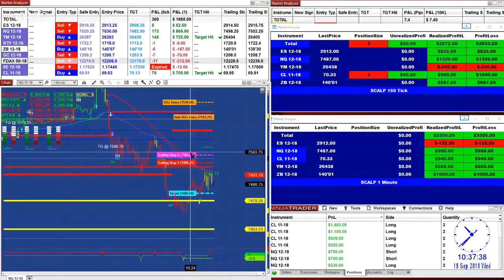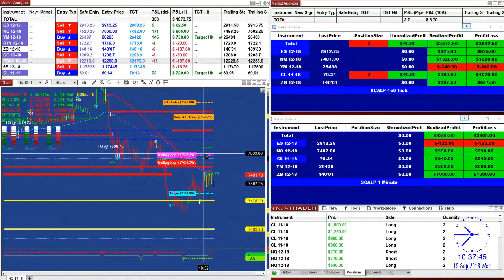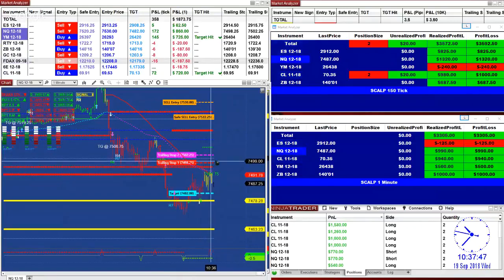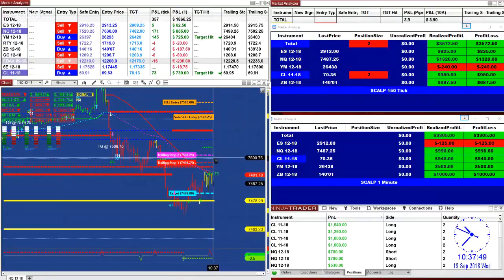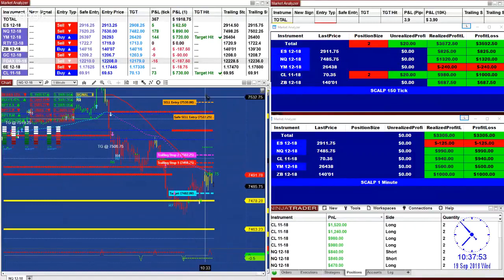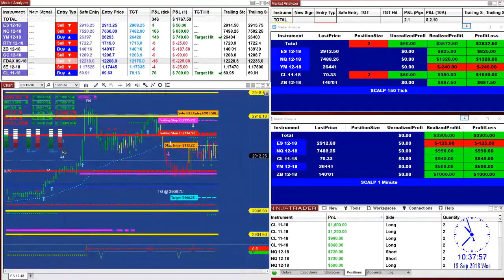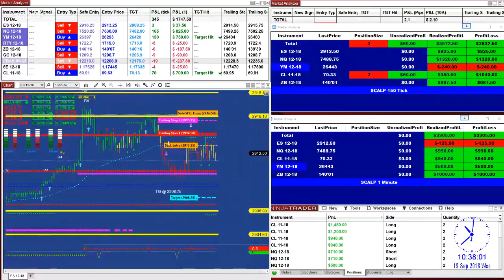We're only thinking short until we identify trend, pullback, re-entry. As long as this market is not able to break those areas here, now we're only thinking short and short only. So this is where you need most of the traders.